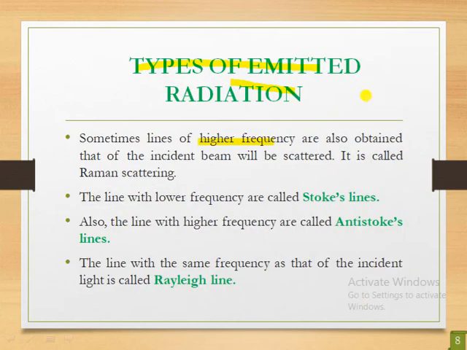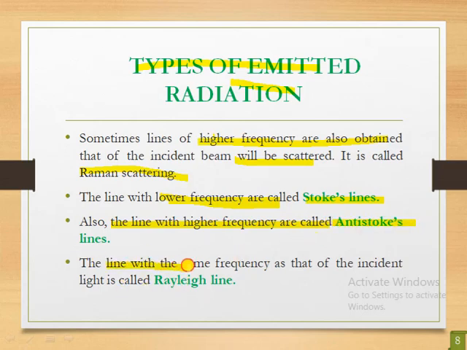But here the lines of a different frequency from that of the incident beam are scattered, and this kind of scattering is known as Raman scattering. The lines with lower frequency are called Stokes lines, and the lines with higher frequency are called anti-Stokes lines.